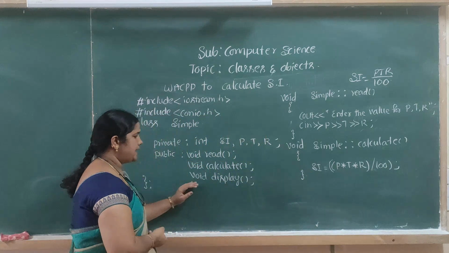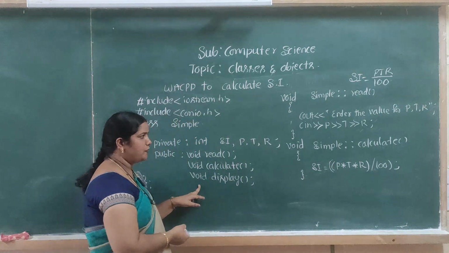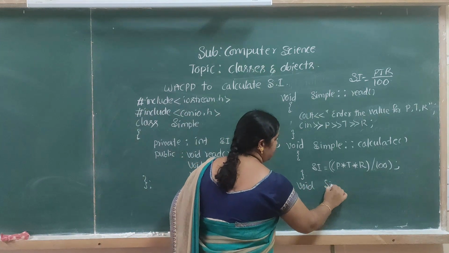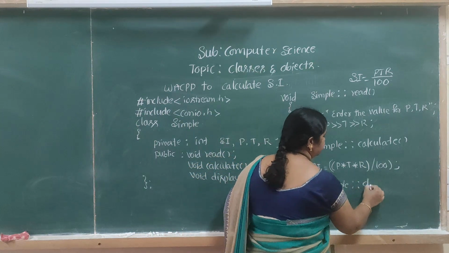The last member function is the display member function. It has the data type void and class name simple, the scope resolution operator, and display.